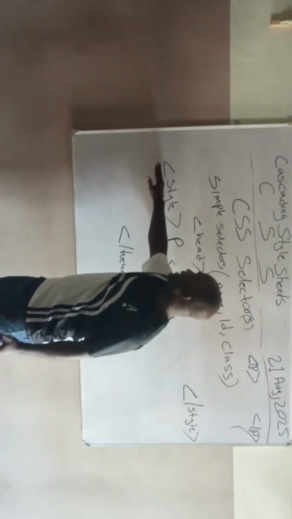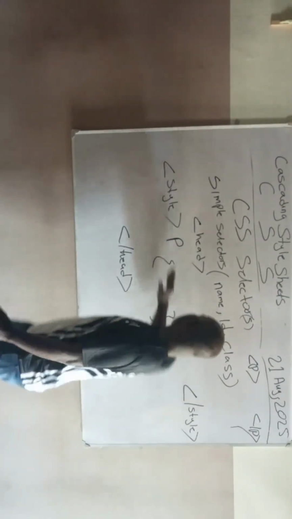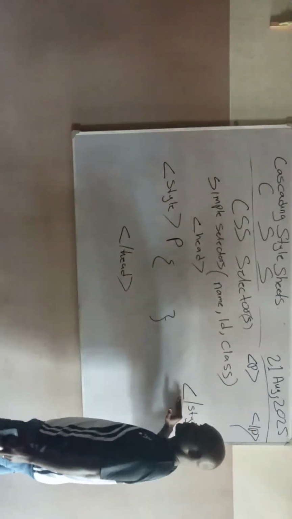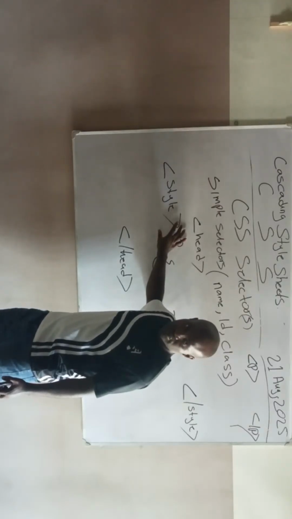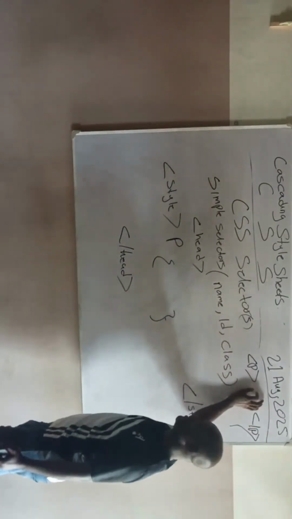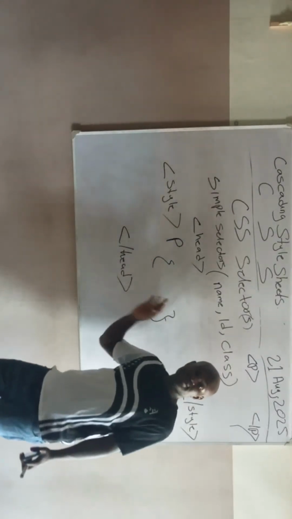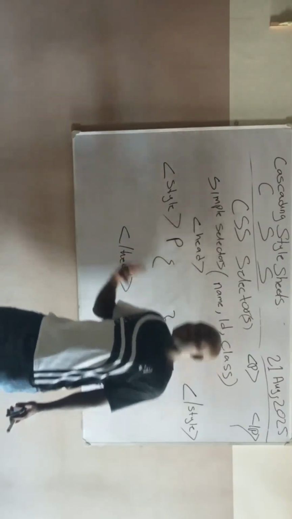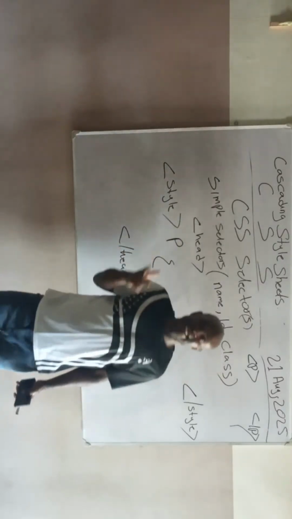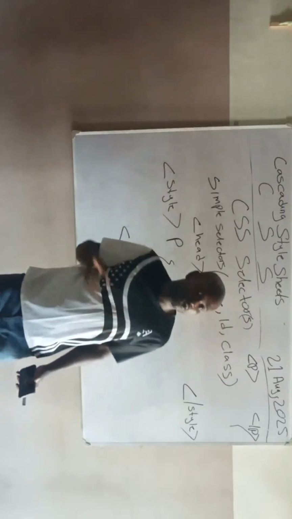So once I declare my opening tag and my closing tag, anything inside must be CSS code. Not like this one, where you put content. But inside your style, you write CSS code.